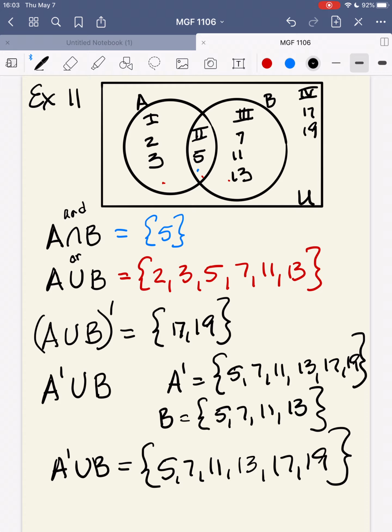All right. The last idea in this section is looking for something called the cardinal number. Okay, the cardinal number, what it allows us to do is find the number of elements in the union of sets.